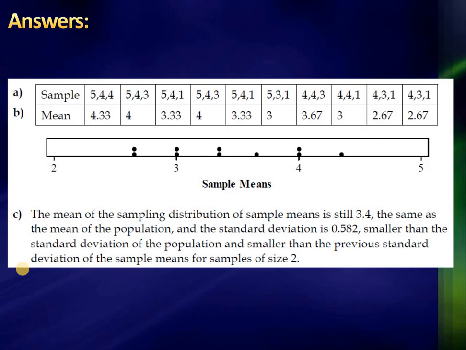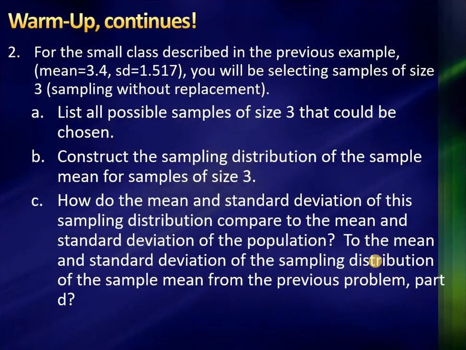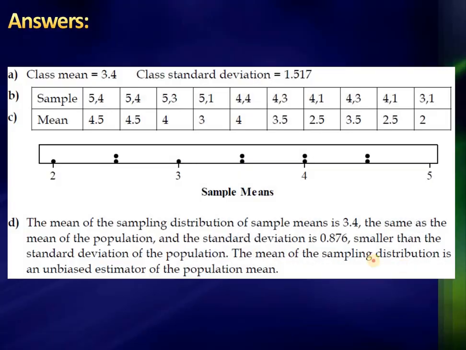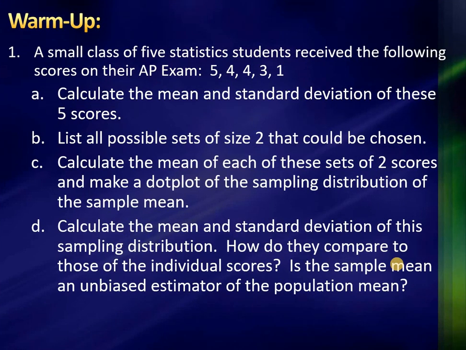Now what's nice here is when we started with this problem, we only had a total of 5 things to go from, an extremely tiny AP Statistics class. Teeny weeny, itsy bitsy. So it doesn't take too long to go through and write all of the possible combinations.